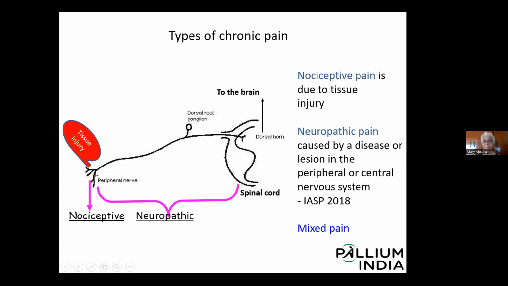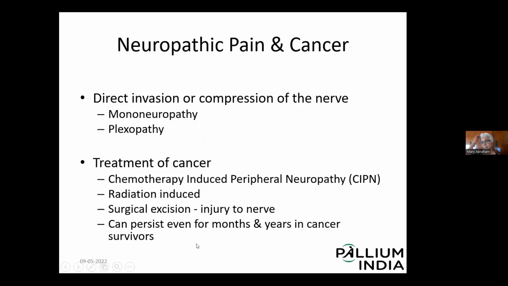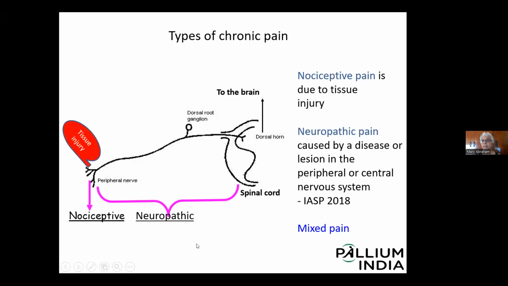But anything beyond this nociceptor up to the spinal cord and the brain comes under the peripheral and the central nervous system, and any pain beyond this is called neuropathic pain. Neuropathic pain is caused by a disease or lesion in the peripheral or the central nervous system. This is the latest definition of neuropathic pain, from 2018. Or it can even be a mixed kind of pain, both nociceptive and neuropathic.